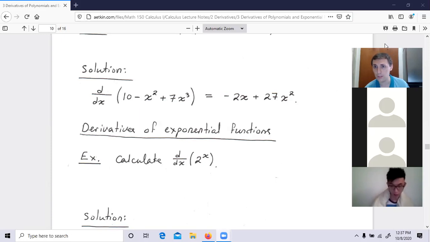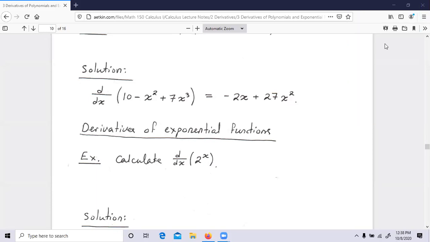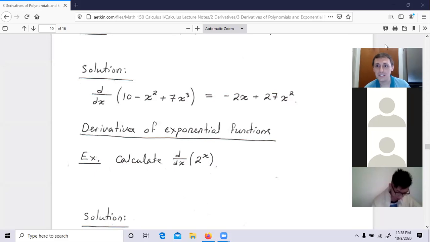What about the rest of you? Isn't the answer obvious? Come on, I want to see how you are thinking. Well, let's see. So Lakey is saying, well, we drop the x and we have 2 to the power of x minus 1. What about the rest of you, right? What do you say?